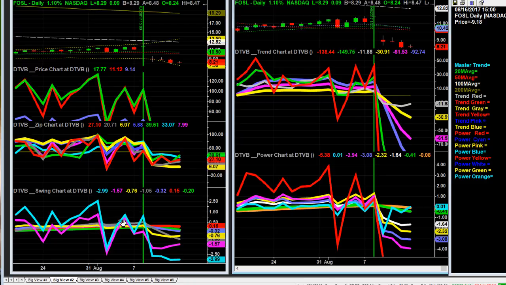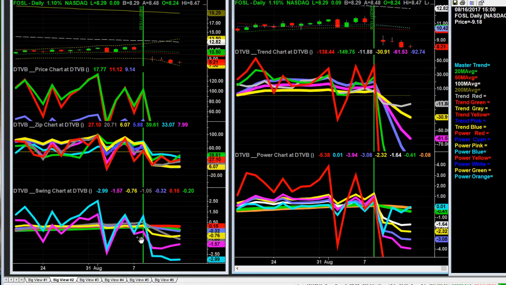Swing Zion is in a lower high M pattern. The right peak is lower than the left peak. And then look at the divergence you have between Swing Zion and Swing Pink. Remember, Swing Zion is your price indicator moving with the price. Swing Pink is a leading indicator telling us what's going to happen with the forces.